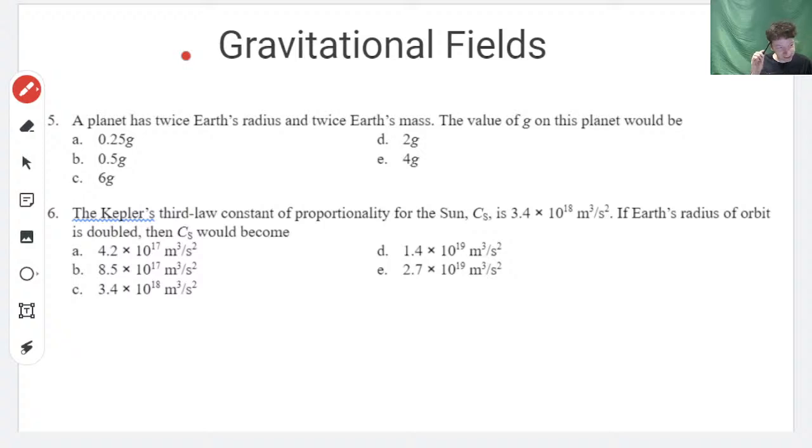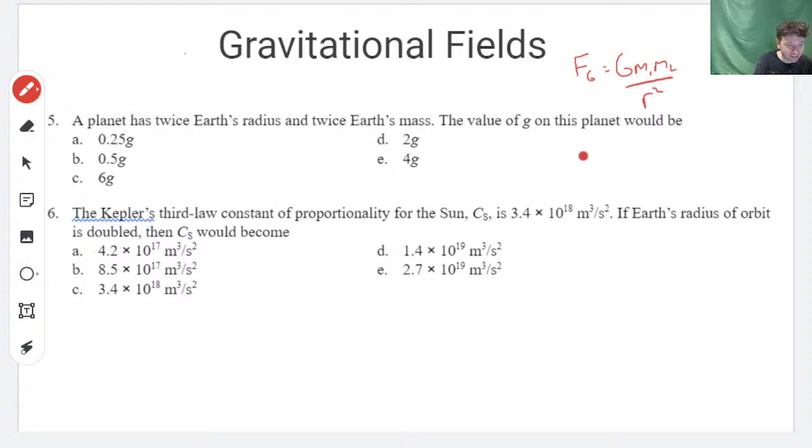A planet has twice Earth's radius and twice Earth's mass. The value of g on this planet would be... My students know I love proportionality questions. So you've got universal gravitation: Fg equals G m1 m2 over r squared.